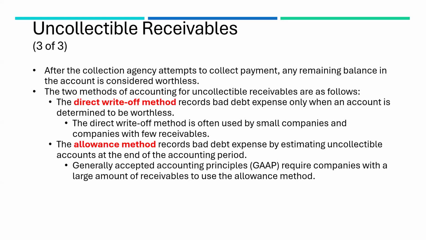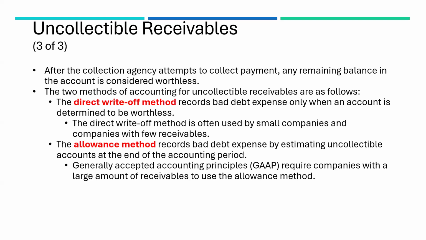Like, what if we sold a whole bunch of merchandise on account in December, and then come January, February, March, customers aren't paying? That bad debt expense has to be matched with the revenue that created it back in December. And so when the sales are made in December, we need to have an allowance for how much of these receivables are going to not be collected.